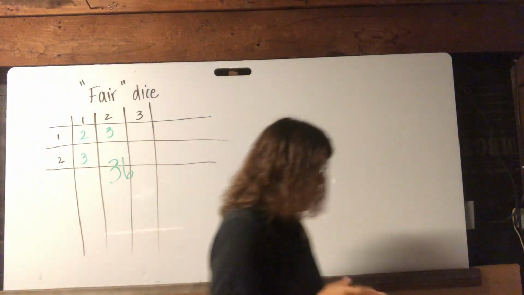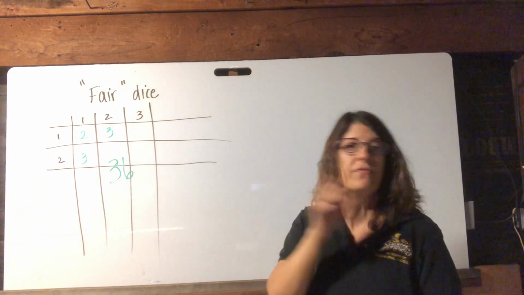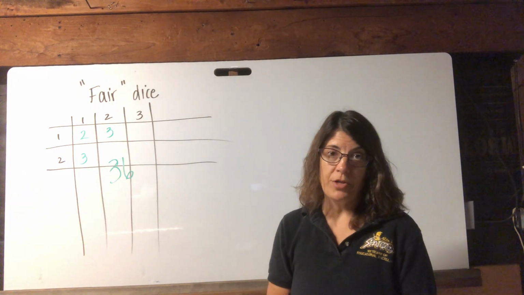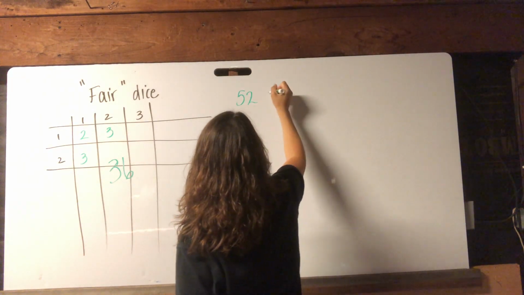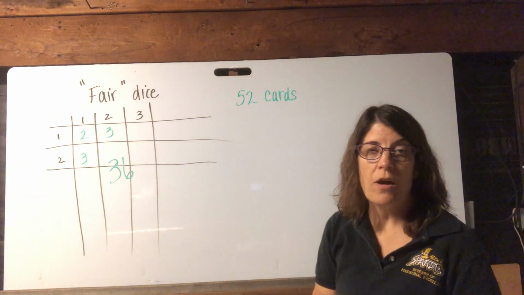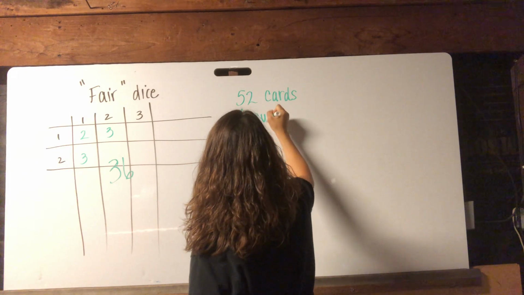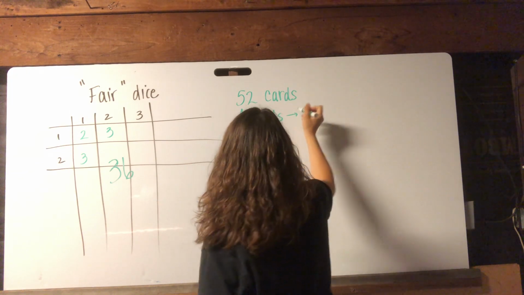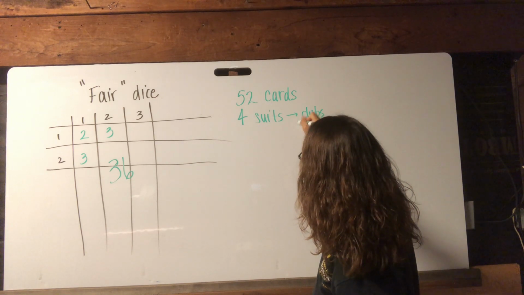Cards. I'm going to be using card examples pretty much exclusively throughout the remainder of this chapter. There are 52 cards in a deck. In a fair deck, there are 52 cards. There are 4, and they're called suits. And the suits are clubs, which are black.